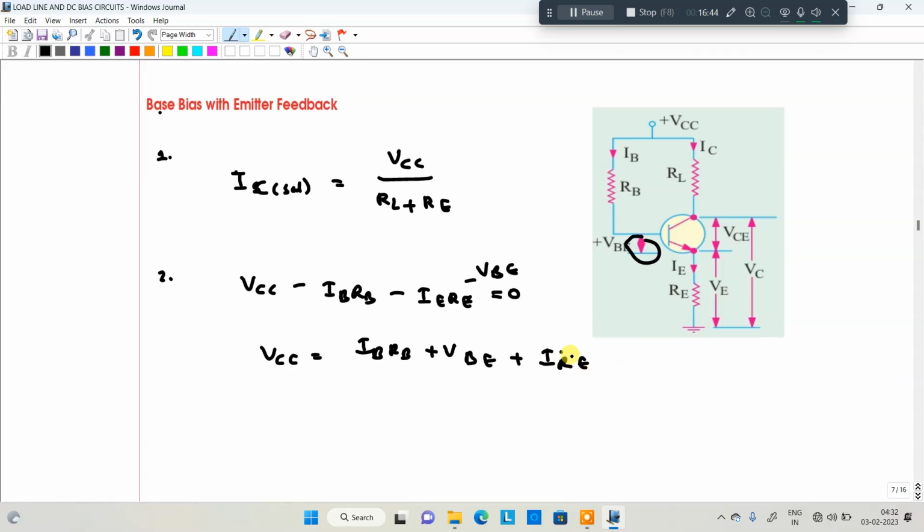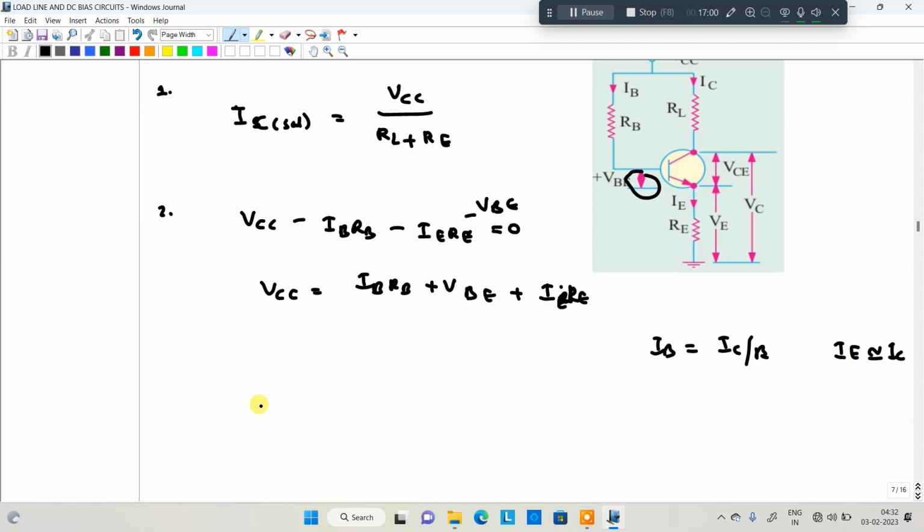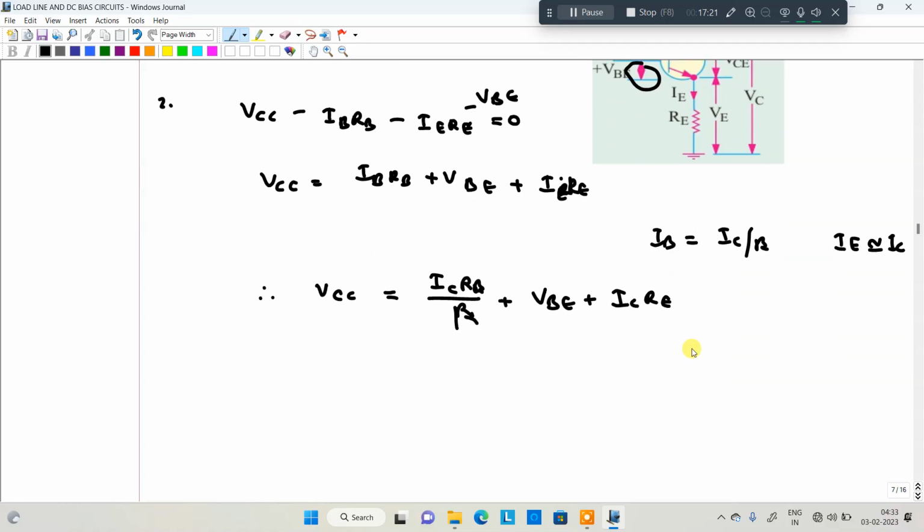Finally, IB is equal to IC by beta, and IE is approximately equivalent to IC. Substituting in both, we get VCC is equal to IC into RB by beta plus VBE plus IC into RE. So this is the formula for VCC.